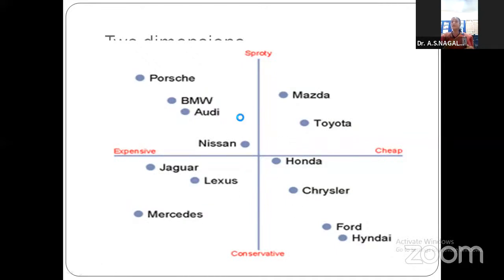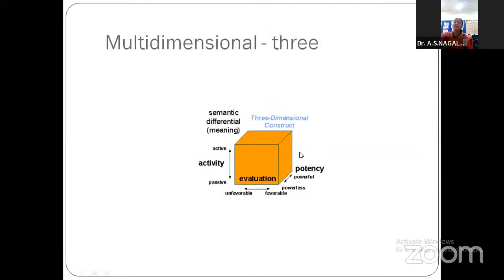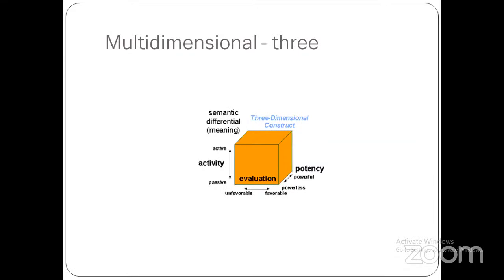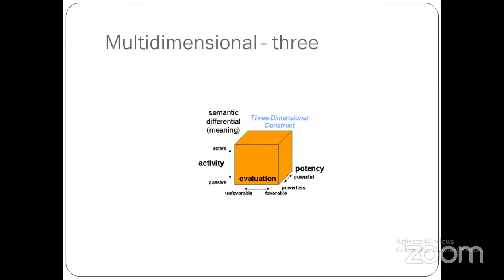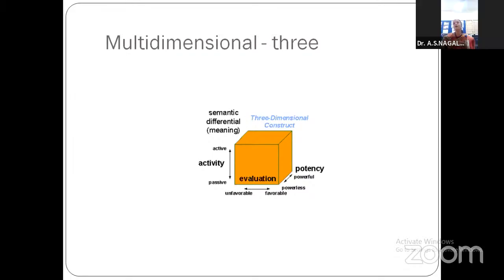And how do you do this multidimensional scaling? It can also be done in more than two dimensions. But when you fix more than two dimensions, you should be careful and very conscious of the theory development. For example, here they have created three dimensions: active or passive in the case of activity, unfavorable or favorable in terms of evaluation, and powerful or powerless in the case of potency.